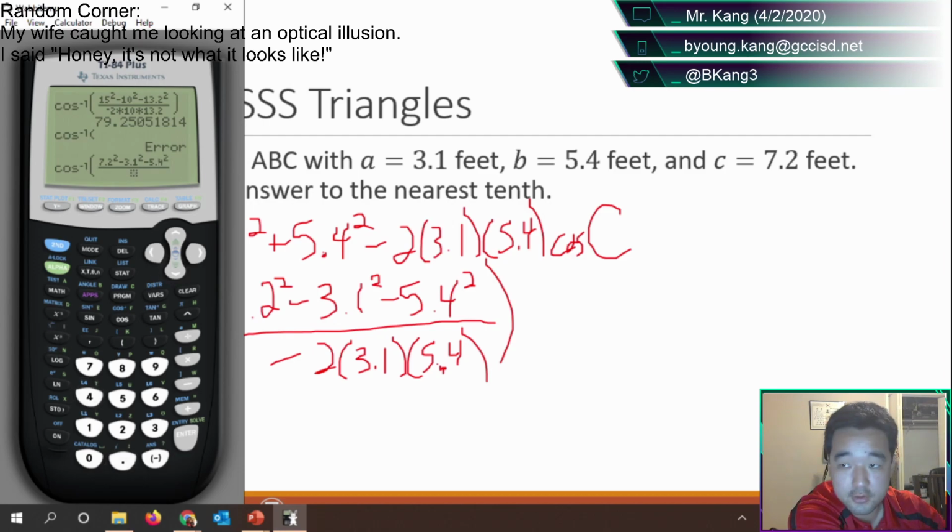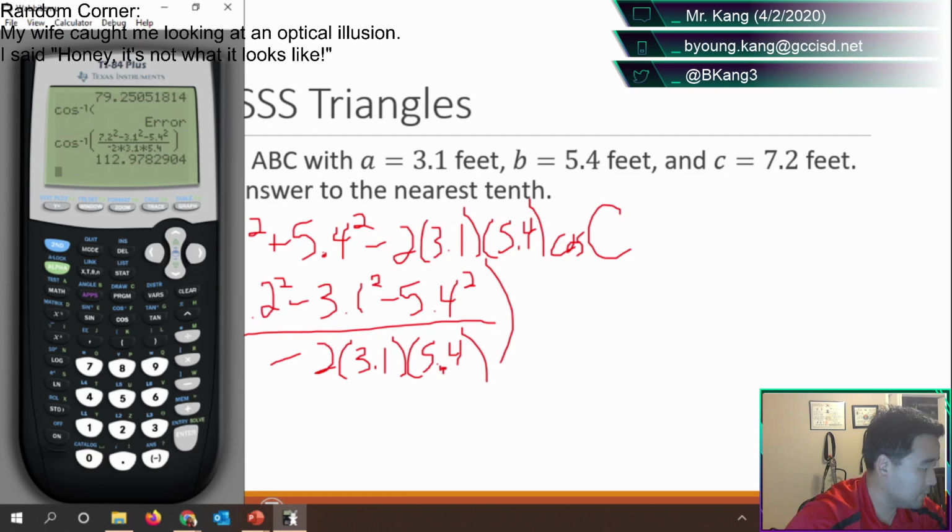Down here in the denominator, make sure you're using the actual negative button right here. See my mouse cursor? Don't use subtract on the denominator. I'm sure y'all have seen that before. Oh shoot, I didn't do parentheses. So this rounds to 113.0.